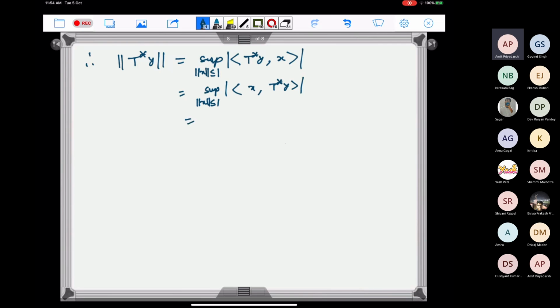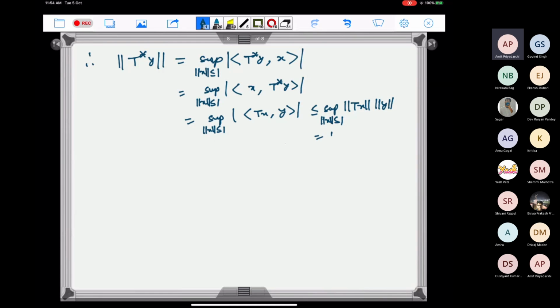And then by the definition of this T star, we know that this is equal to Tx inner product with y, and this is less than equal to norm Tx times norm y, and supremum of norm x less than equal to 1. But supremum over norm x less than equal to 1 of norm Tx, that is same as norm of t.